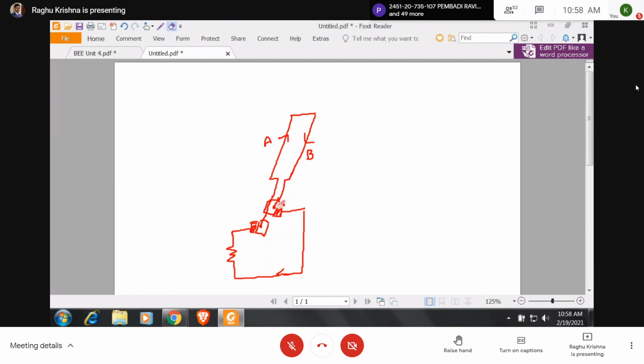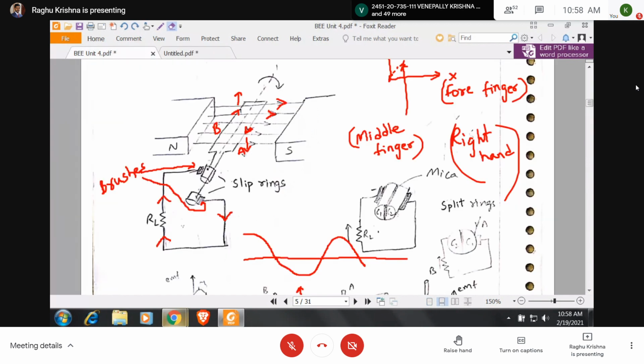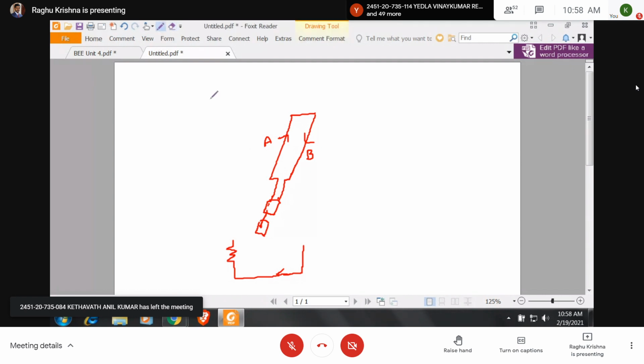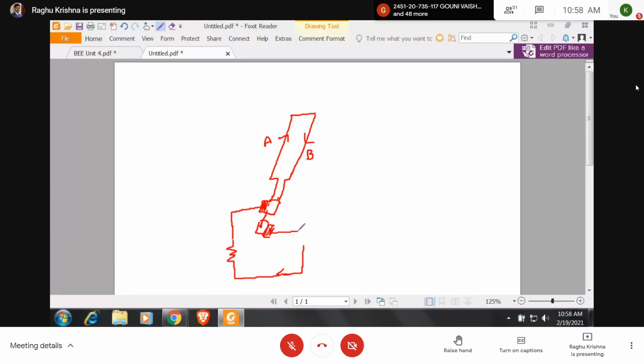Just I will rub this one. So connect the brushes in the same way. So here RL is connected to the first slip ring. Let us put a brush here, and here you can see this connection. Now you can place the direction of the current.